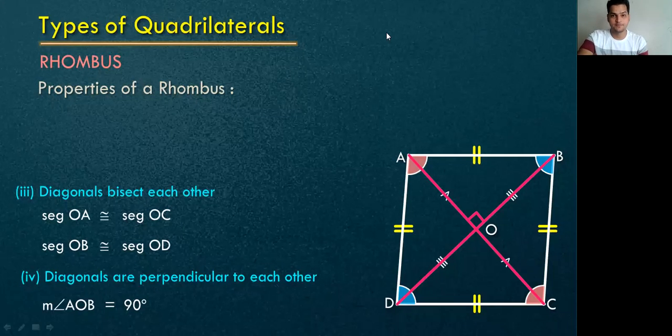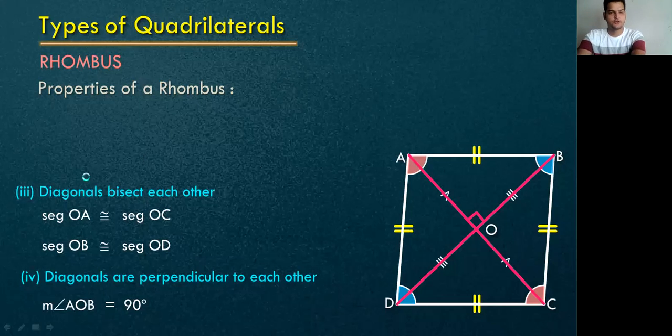Property number three, diagonals bisect each other also. Property number four, diagonals are perpendicular to each other. Alright, and when you are naming the angles, the central angle should be in the middle letter. Alright, students? Fine.